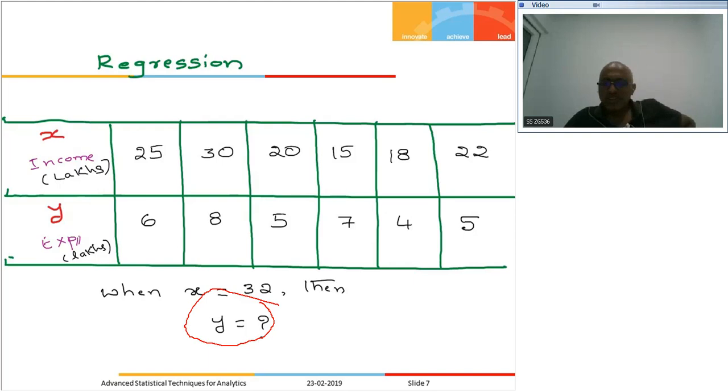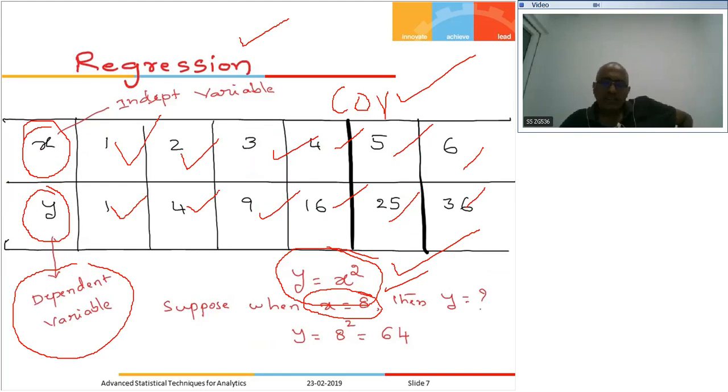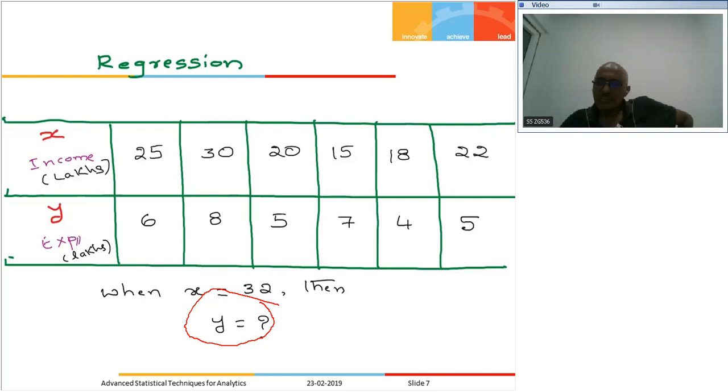Okay. So what is the process that you apply to arrive at some value like 8 or 9? 8.5 or 9. So what is the difference between this and this expression?